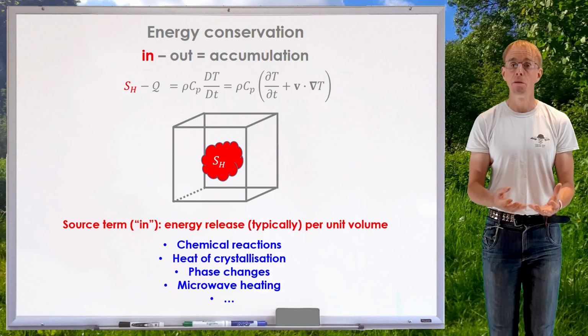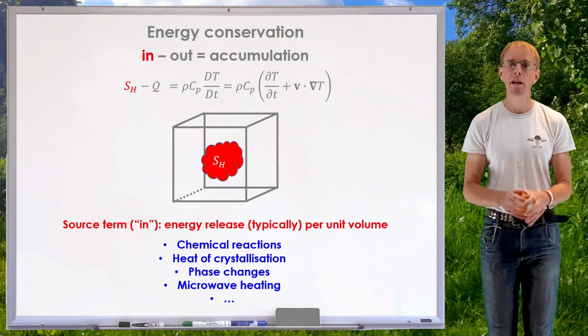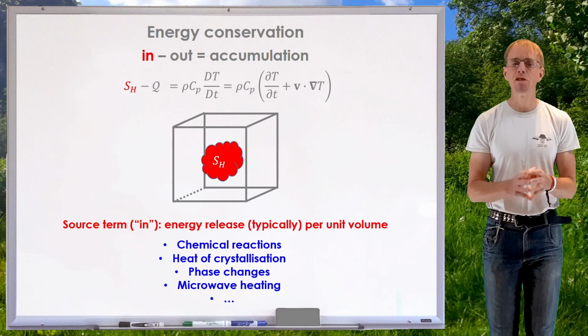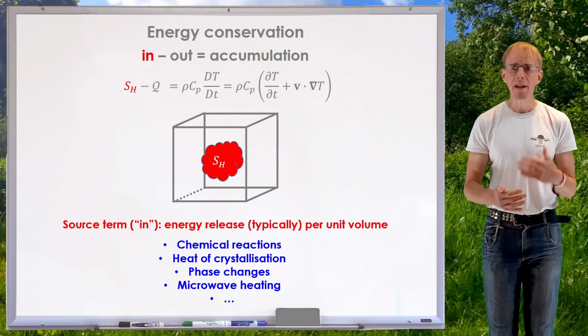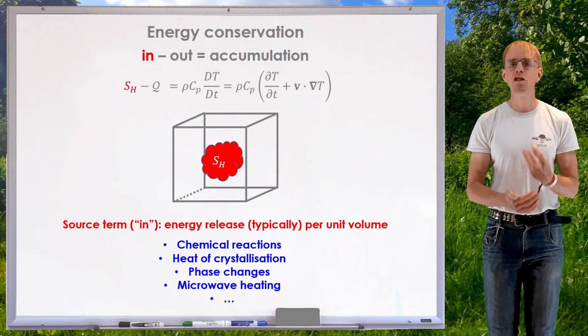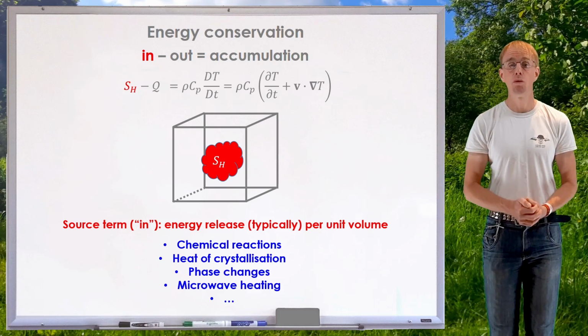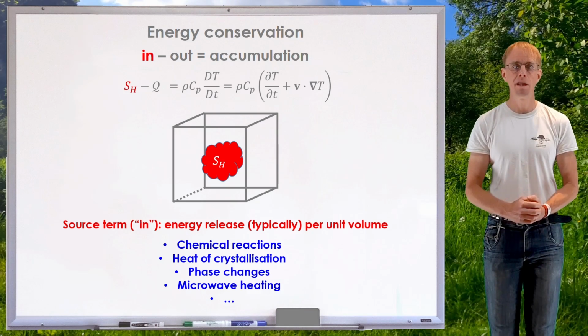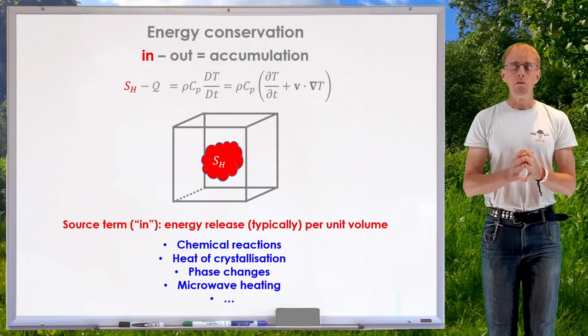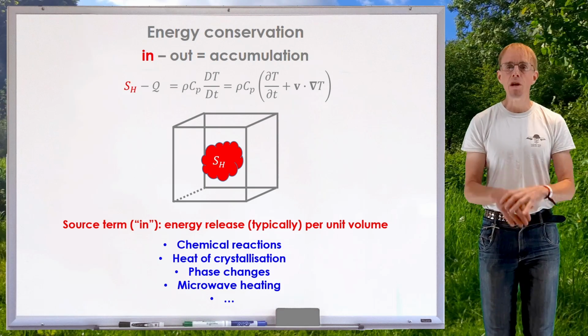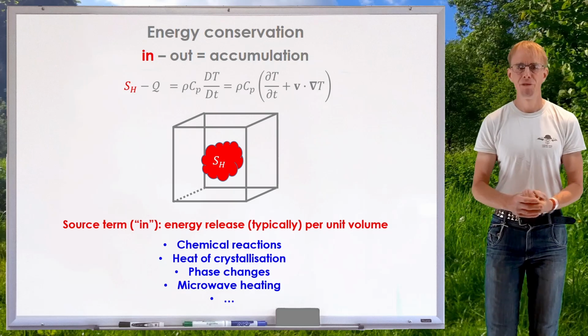Microwave heating, for example, if the right chemical bonding is there to resonate at those microwave frequencies. One of the other volumetric heat sources we're going to see in later parts of the next lesson is internal friction due to flow, viscous dissipation. That is a heat source that comes into this SH term here. So, SH is all about what happens on a volumetric basis within our little control volume.